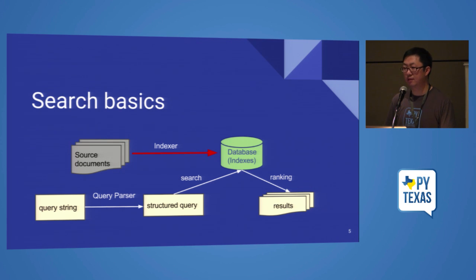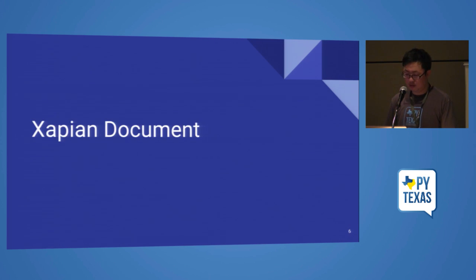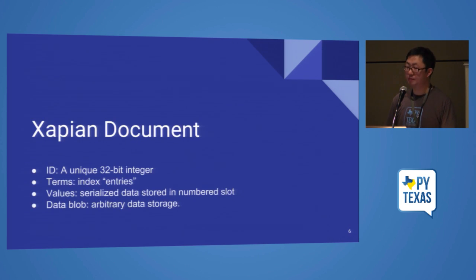How we index the data has great impact on the search performance. In Xapian, a unit of the data model is called a Xapian document. It contains all the information needed to perform the search, and a Xapian database is a collection of documents.